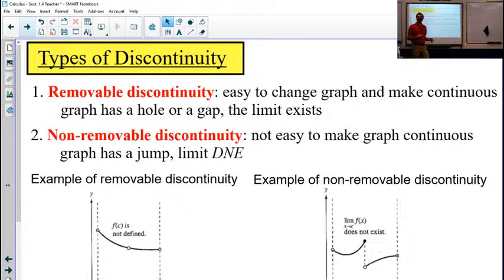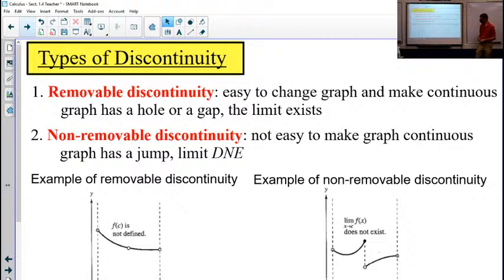Types of discontinuity. I just said discontinuity is a place where something's not continuous. We have two different types. We have removable and non-removable. These are basically holes and everything else, some kind of jump or asymptote or something like that.